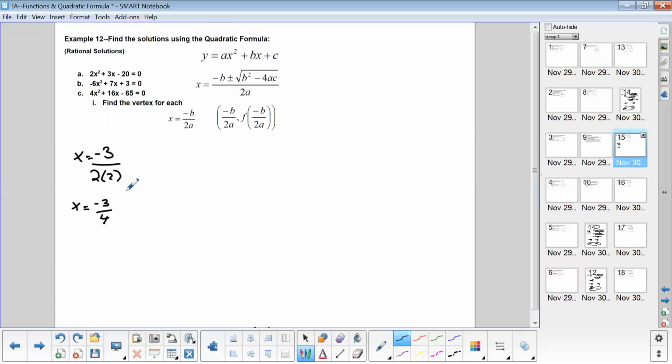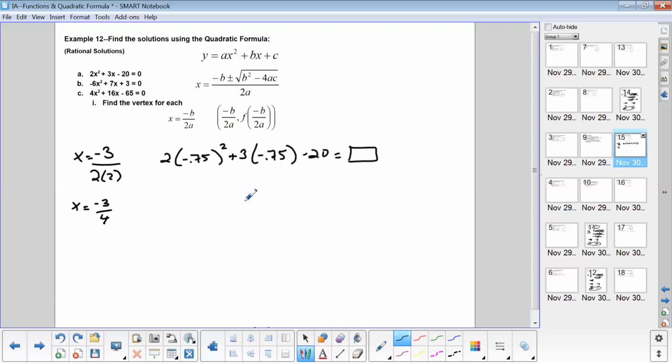And what I will do is substitute negative 3 fourths into the equation. And so that would look like this. And we can definitely use our calculator for this, but this is what it looks like as you're trying to figure out what that output is when I substitute.